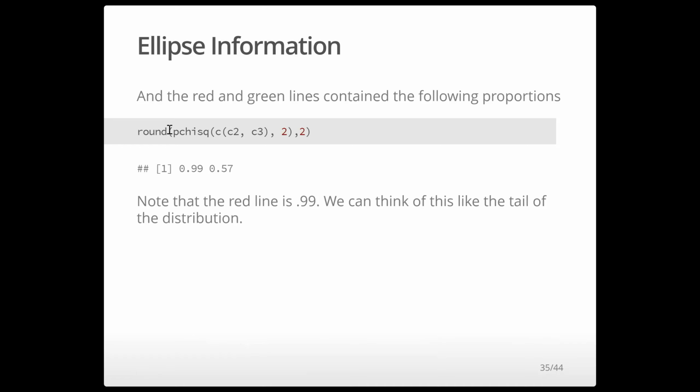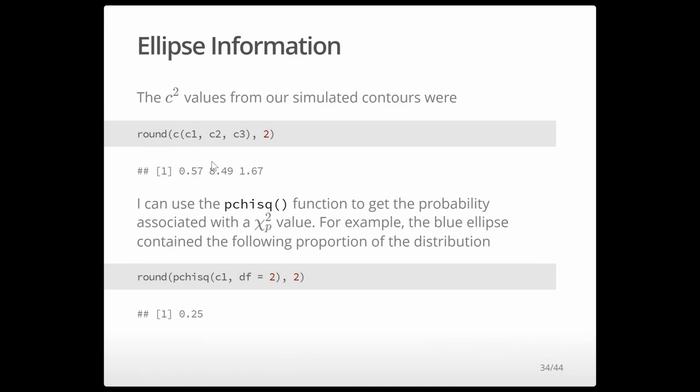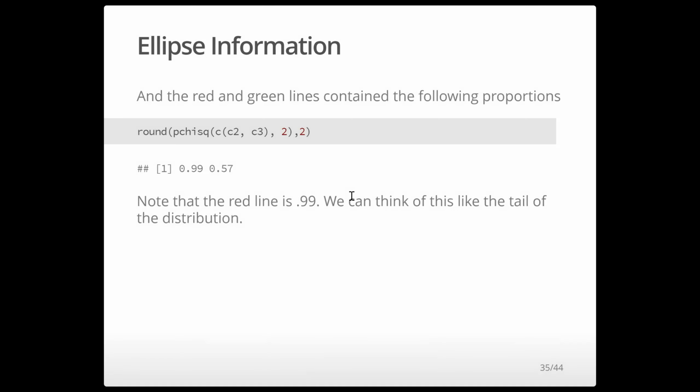So the red and green lines had the following densities inside of them, 0.99 and 0.57. So the red line is 0.99. The chi-square value there was 8.49. So we can really think of this like the tail of the distribution. Most of the density of the distribution is inside of this tail.